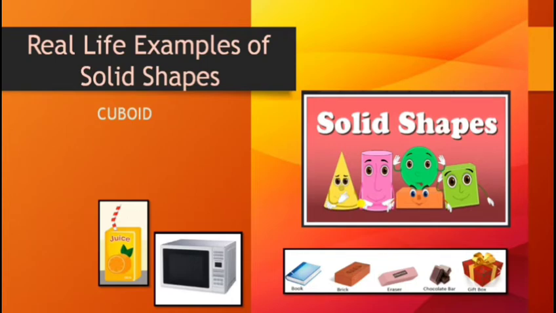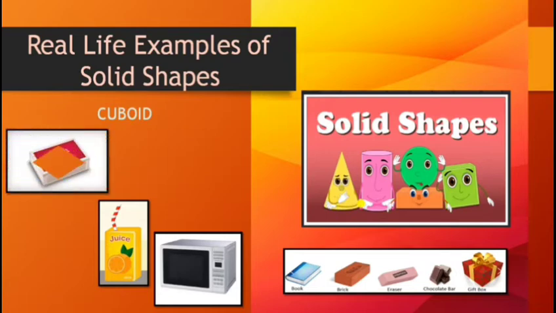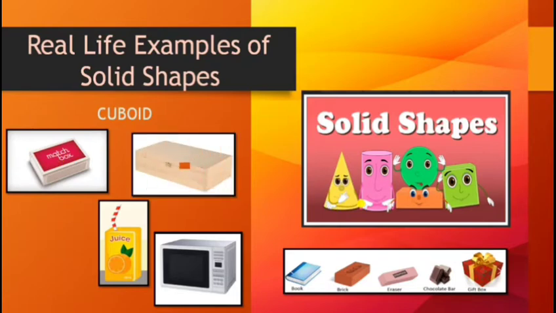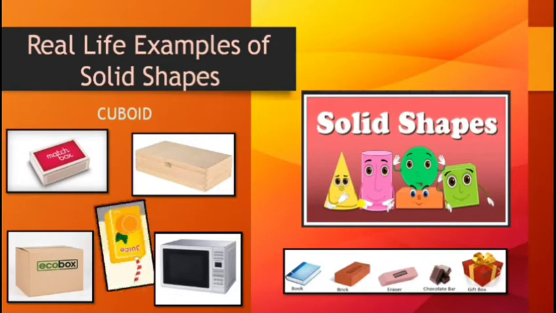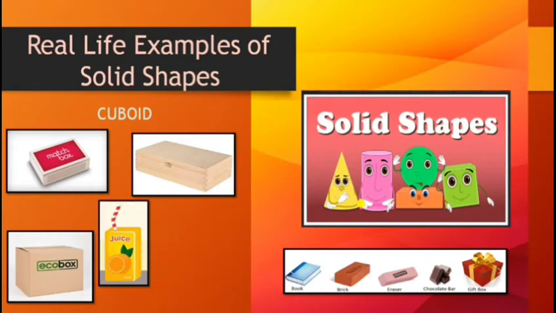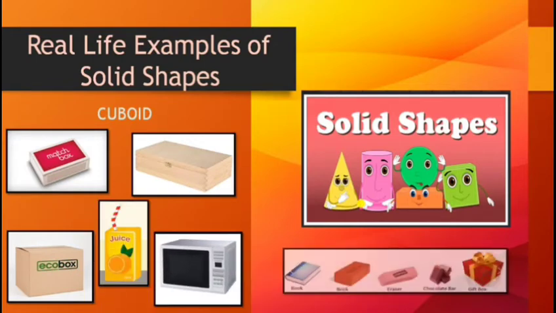Some common objects of cuboid are matchbox, wooden box, cuboid box, juice box, and microwave. Some more common examples are book, brick, eraser, chocolate bar, and gift box.